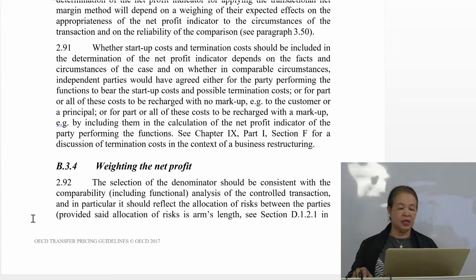For instance, by including them in the calculation of the net profit indicator of the party performing the functions.